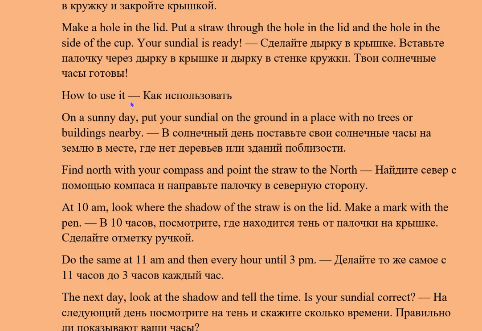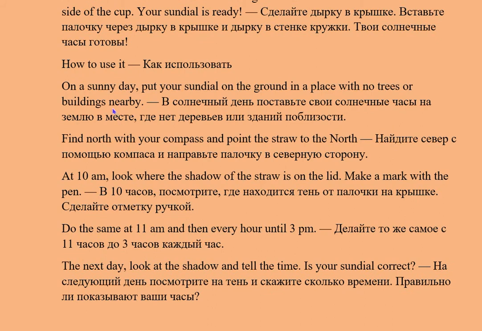How to use it? On a sunny day, put your sundial on the ground, in a place with no trees or buildings nearby. Find north with your compass and point the straw to the north. At 10 a.m., look where the shadow of the straw is on the lid.